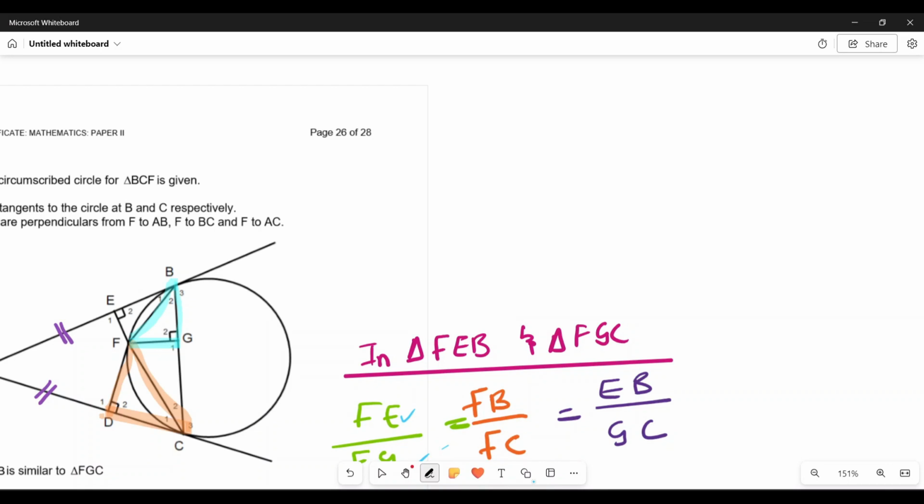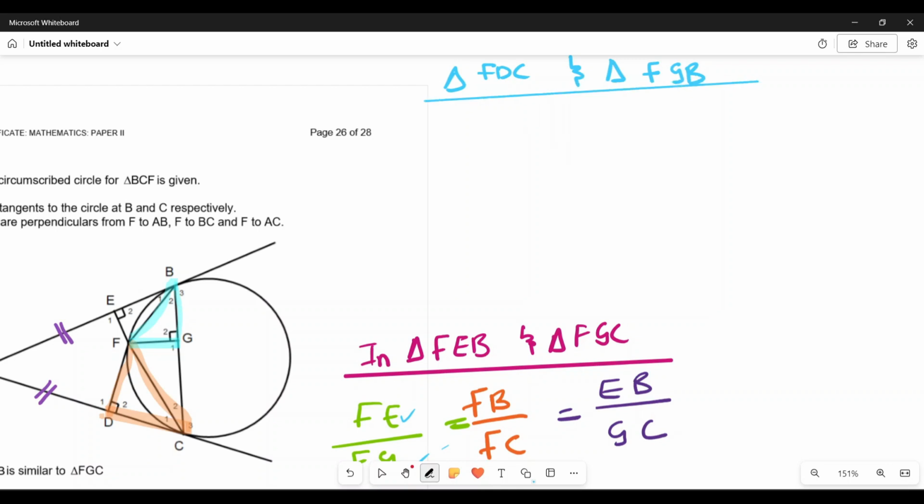So I'm going to first start by writing the two triangles that I'm dealing with. So it's triangle FDC and triangle FGB. All right, now I need to prove this using the angles that I have.